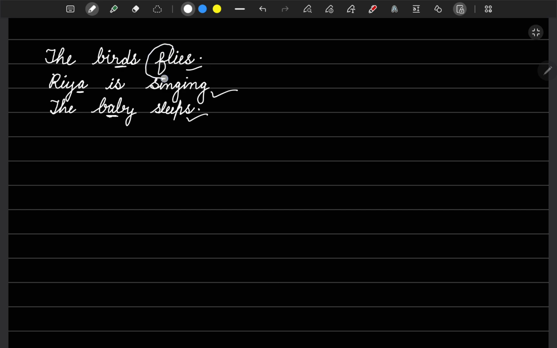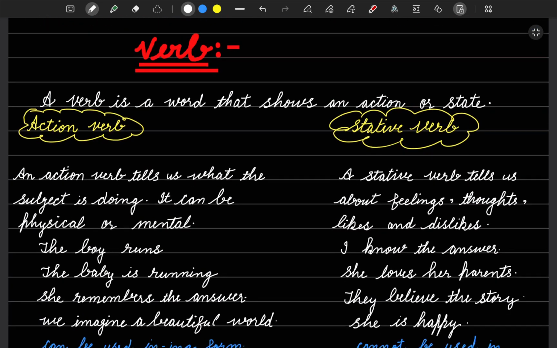Flies means birds are flying, Ria is singing, and baby is sleeping. So the words fly, singing, and sleeps, these are the verbs. Today we are going to learn about the verb.